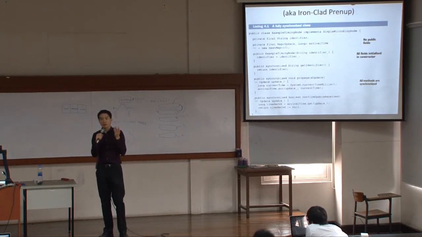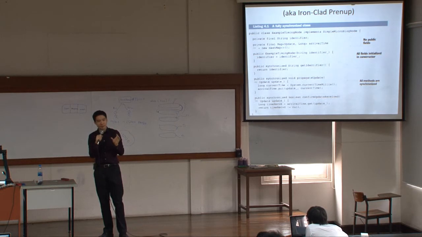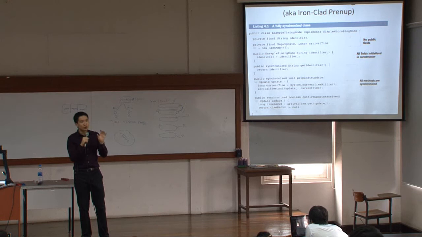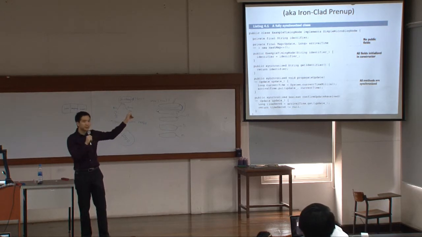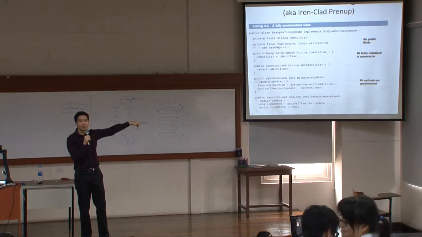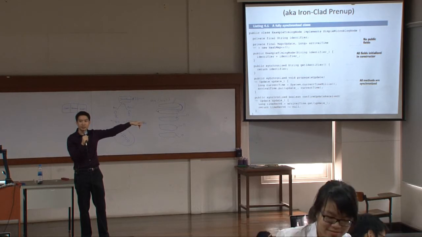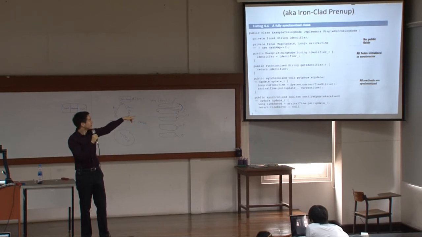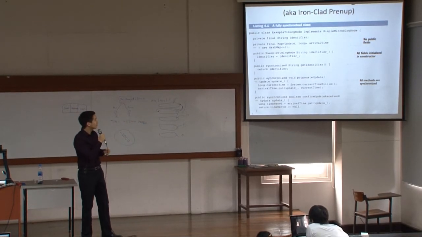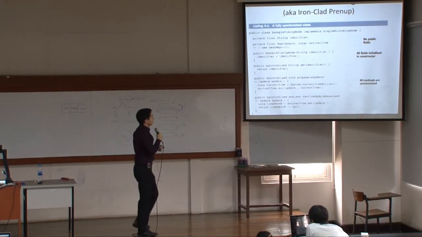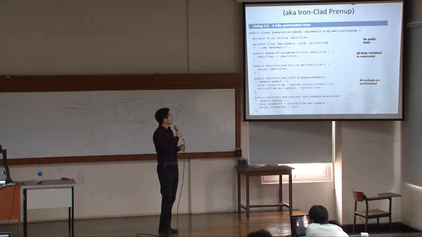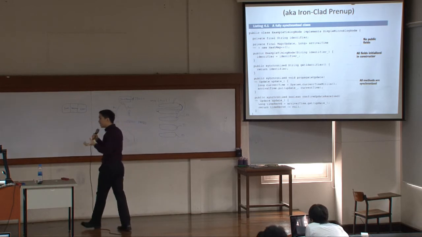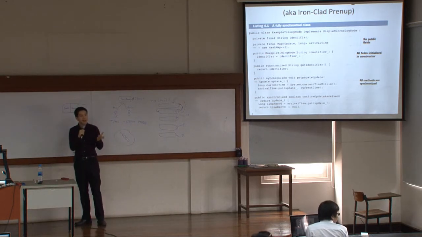The reason why we say that no field should be public is because we want to ensure that whoever wants to access those fields must go through our synchronized methods. Is that clear? So this is an example of how you could design a thread-safe class.